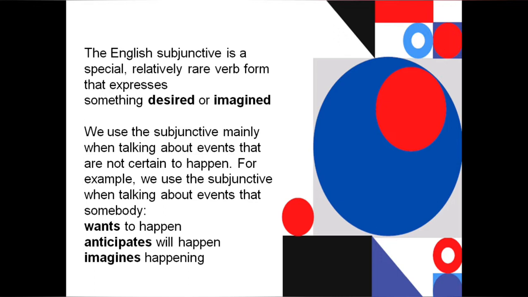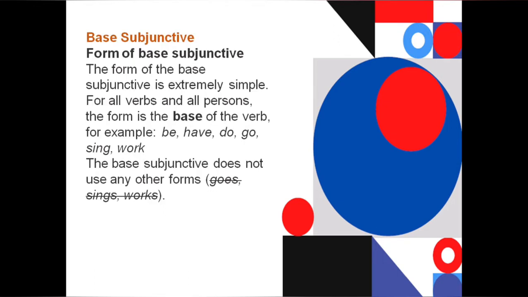But it would be important for them to happen, right? So, for example, we use the subjunctive when talking about events that somebody wants to happen, anticipates will happen, or imagines happening. So the base form of the subjunctive does not change, okay, when it's he, she, it, for example.